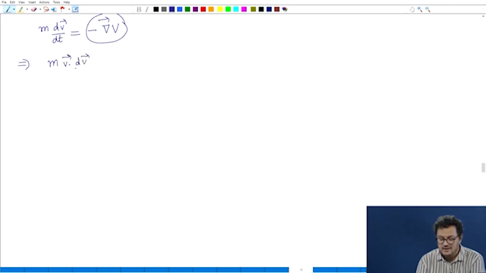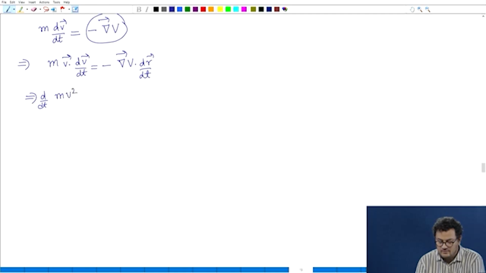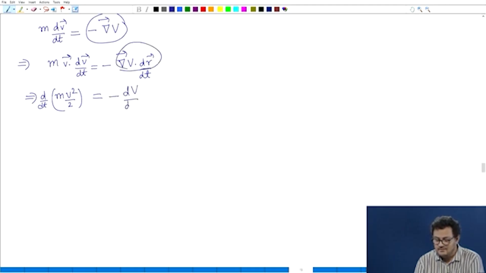So I can write this one as dot dr/dt, because v and dr/dt are the same thing vectorially. This is m d/dt of m v squared by 2, and this part is nothing but dV/dt.